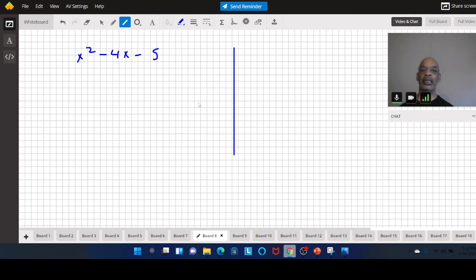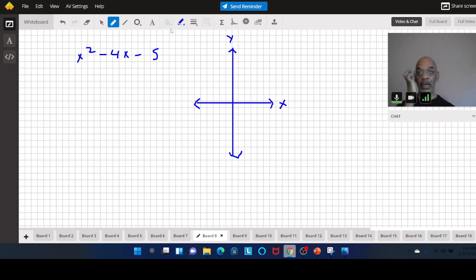Y-axis and our x-axis. I think I can pull that y-axis over. We have a y-intercept of -5 from the C value. 1, 2, 3, 4, 5.